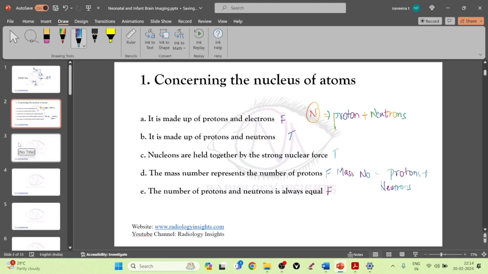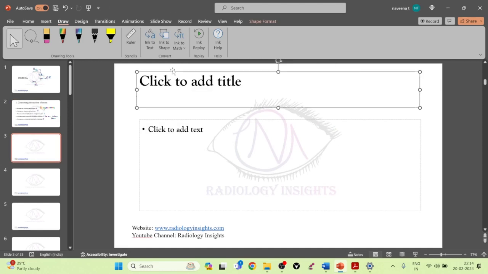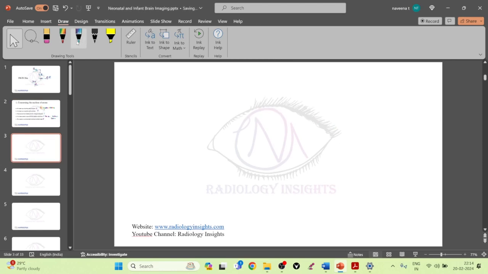So let us see the main concept of this topic. The atom has a nucleus which is present in the center, and this nucleus is surrounded by electrons which are present in their respective orbits.